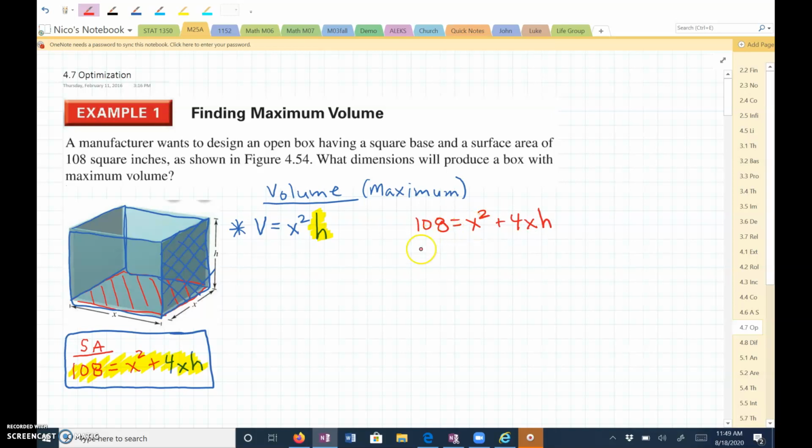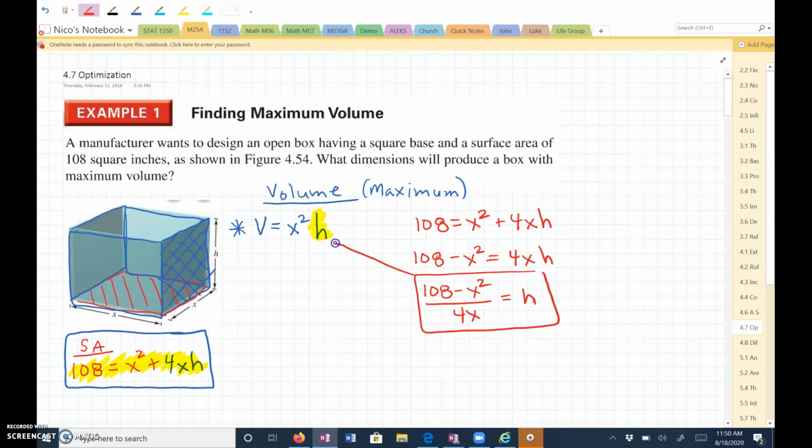So first of all, I can subtract x squared from both sides, leaving me with 108 minus x squared equals 4xh. Then I can divide both sides by 4x, and that will equal h.